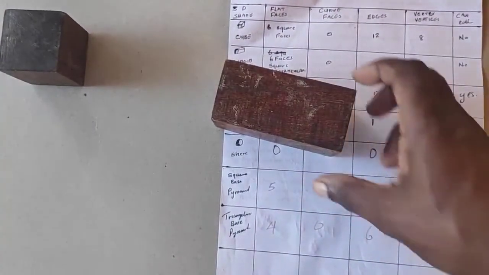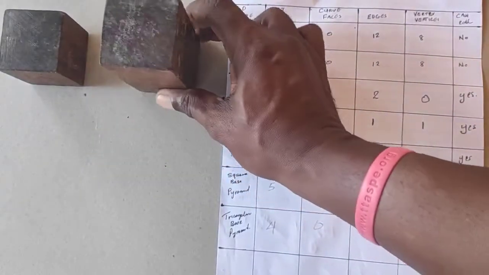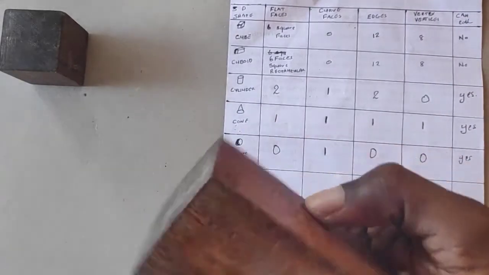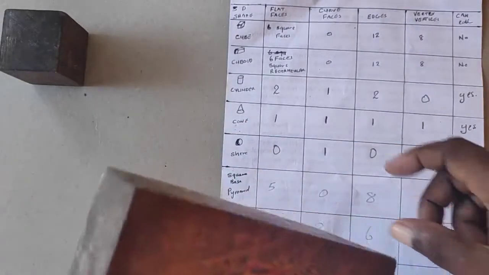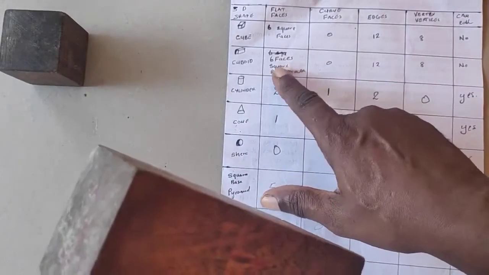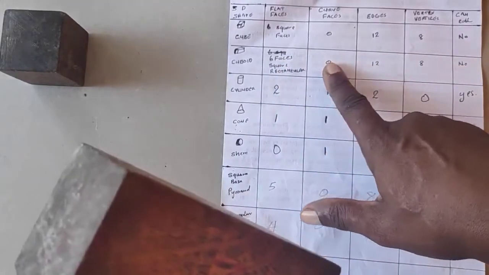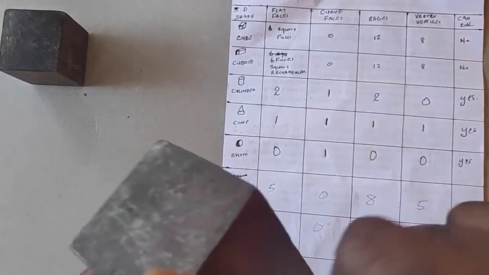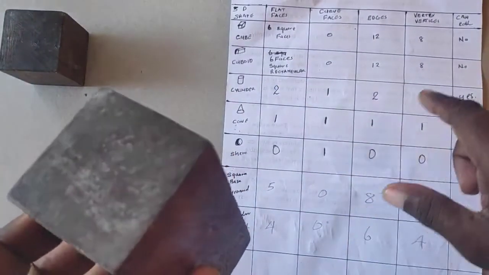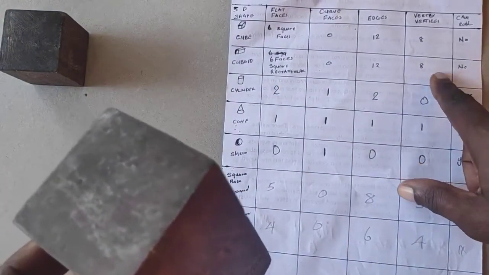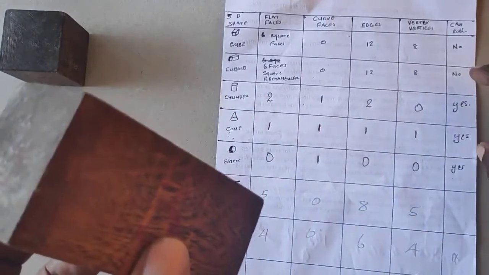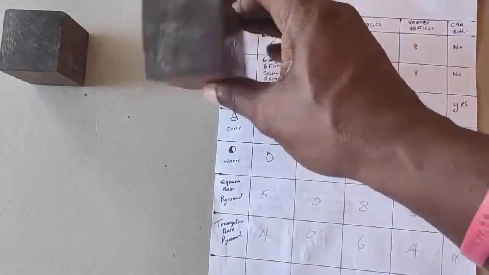Then we moved on to the cuboid, which is similar but a bit different to the cube. And we said this had how many faces? It had 6 faces, no curved faces, 12 edges, 8 vertices, 1, 2, 3, 4, 5, 6, 7, 8, and no, it couldn't roll because it has no curved faces.